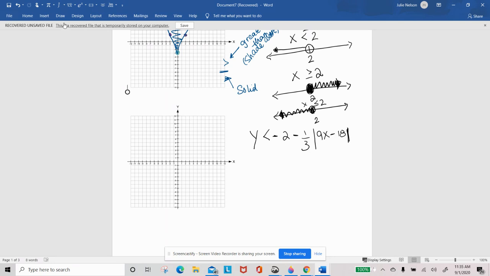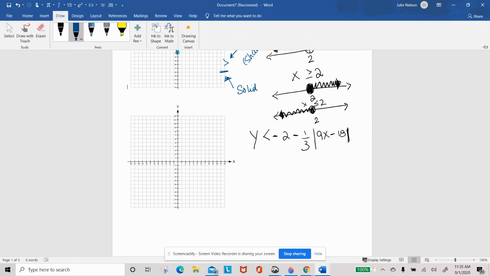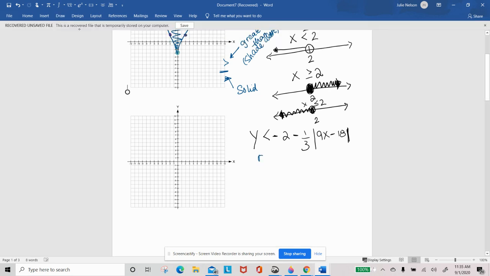So the first thing you want to do is rewrite this, right? So I want to rewrite this so that I don't have the absolute value of 9x minus 18. So you want to factor out that 9, and you're left with x minus 2.